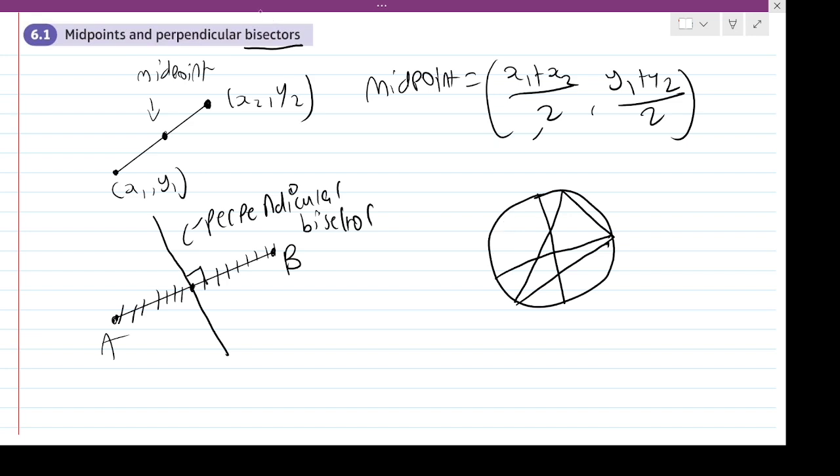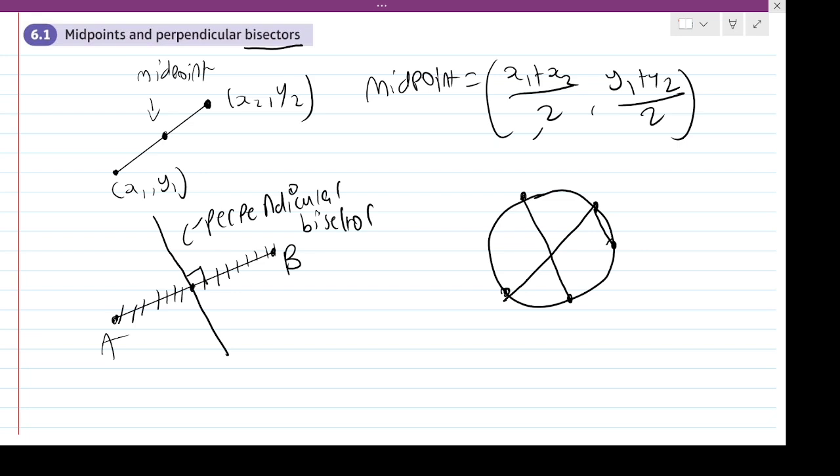Between any two points on the circle, say if we have this point over here and this point over here, that line is a chord: inside the circle, connecting two points on it. Say if you have a point here and a point there, that's a chord. Very simply, a chord is just a line inside a circle that connects two points on it.